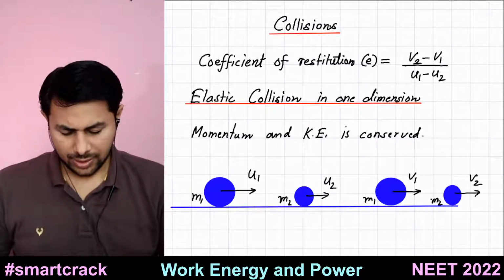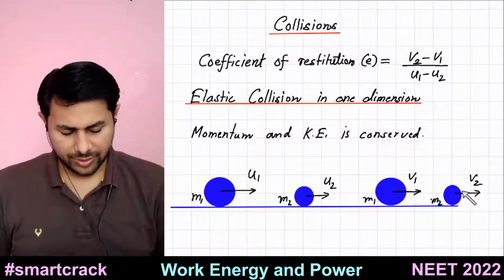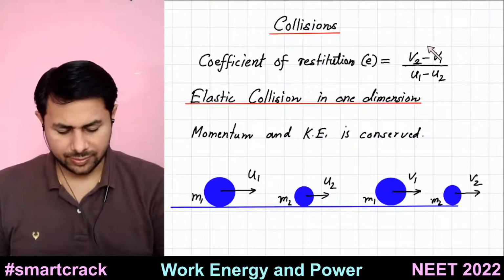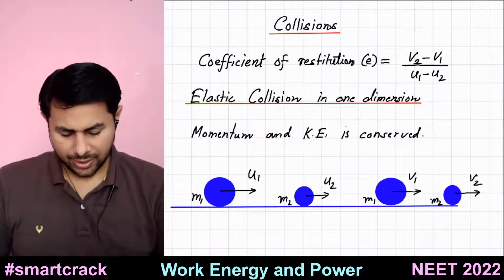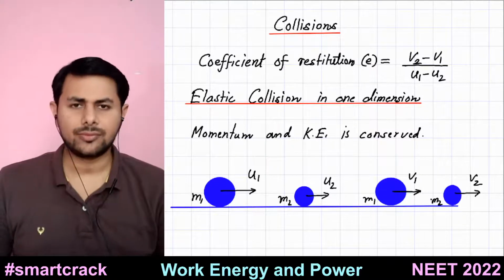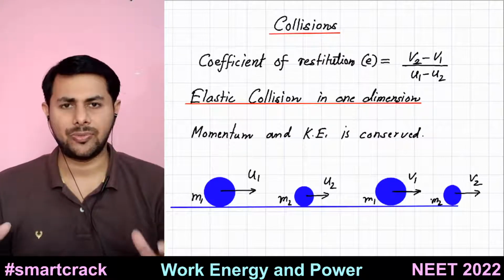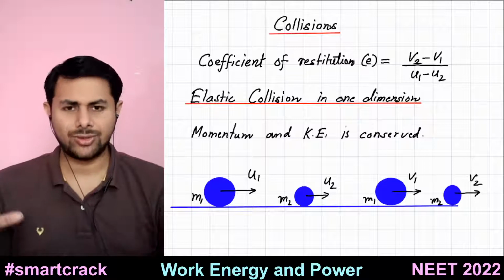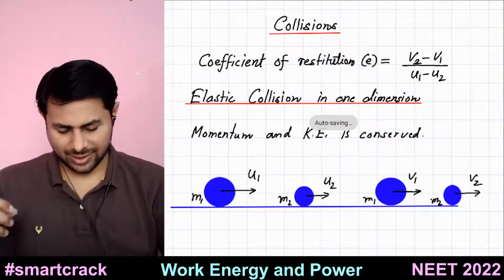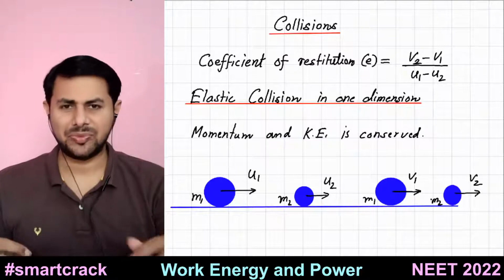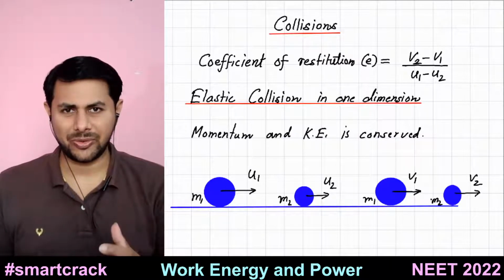So coefficient of restitution is (v2 minus v1), the velocity of separation, divided by (u1 minus u2). What is u1 minus u2? It is known as velocity of approach. The relative velocity between the body which is following and the body which is being followed before collision is known as velocity of approach.